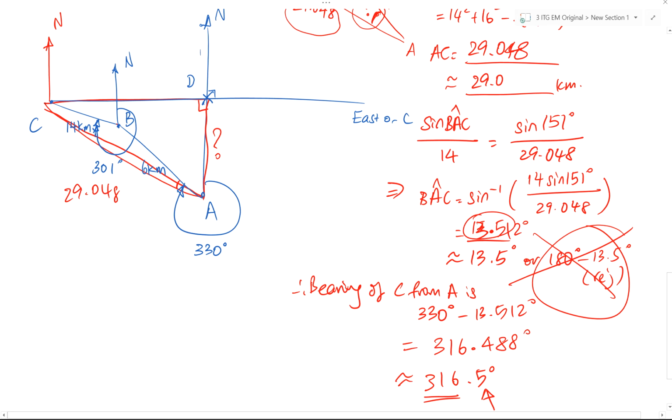Cosine, is it? Which angle do we have? CAD, do we have that? Then you can use our cosine.